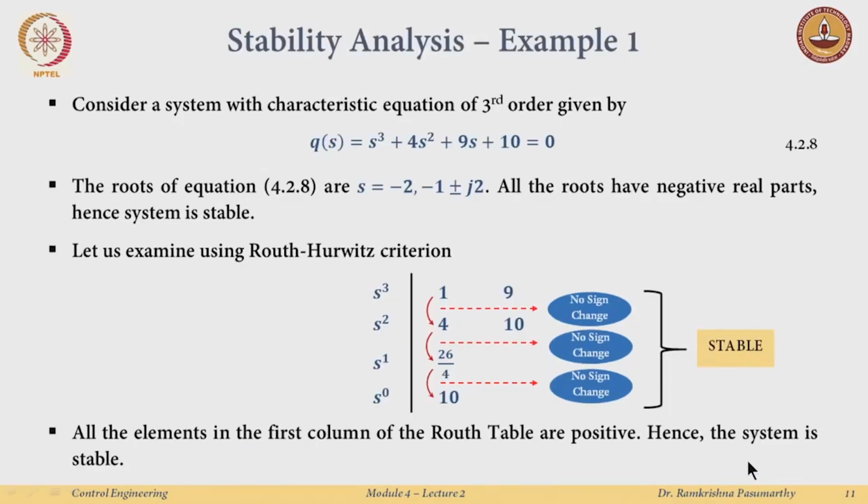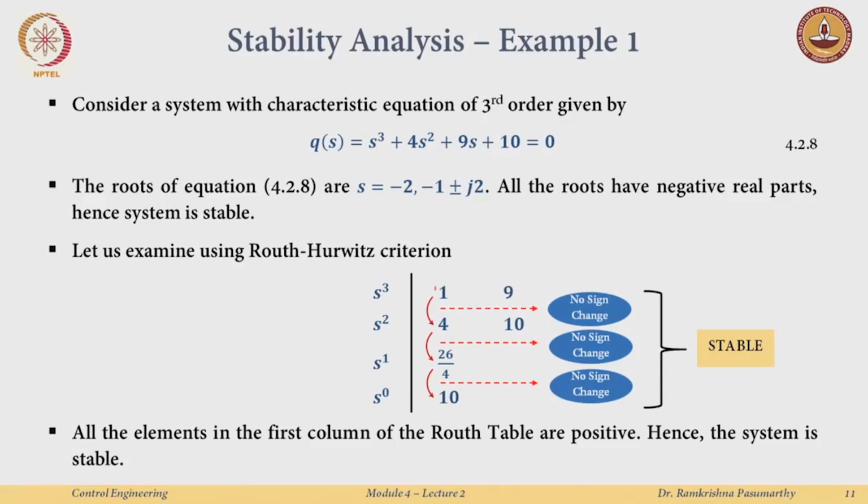Just as an example, I start with a fairly simple looking polynomial, s cube plus 4s square plus 9s plus 10. Everything is of the same sign, so the necessary condition is met. Let me go about drawing the Routh table. I start with s cube, which is the highest order of the polynomial.